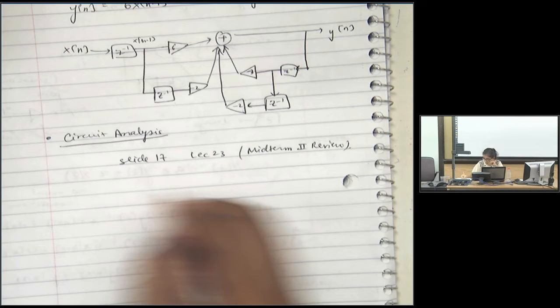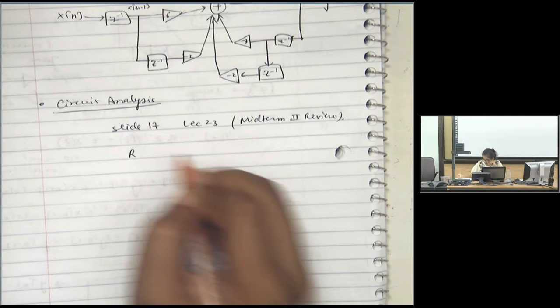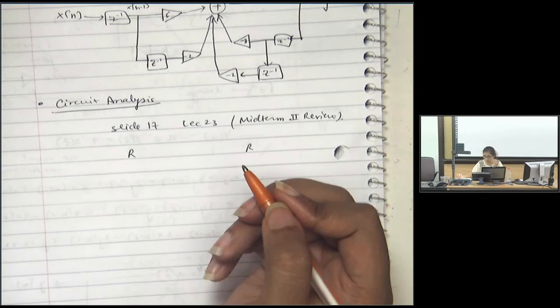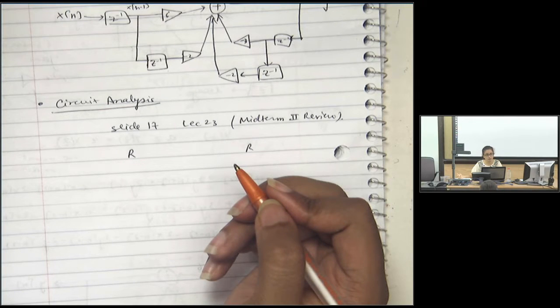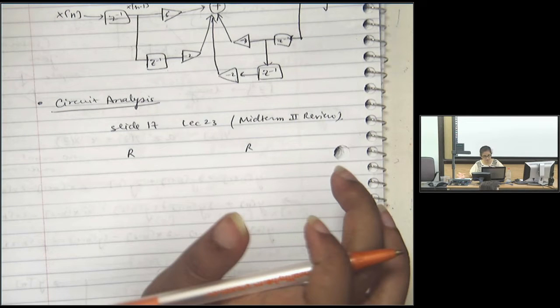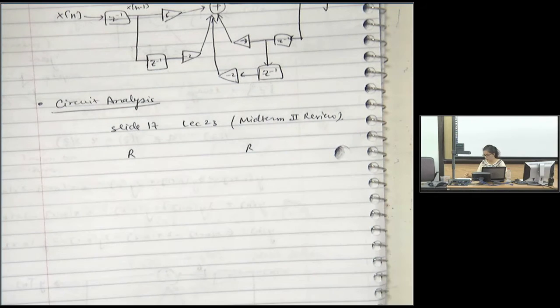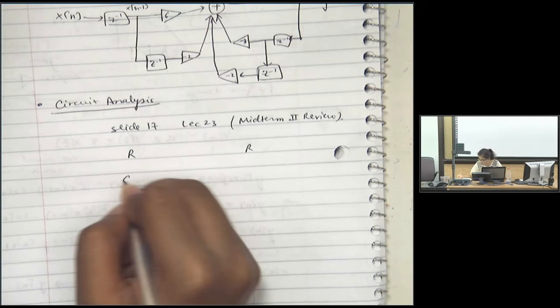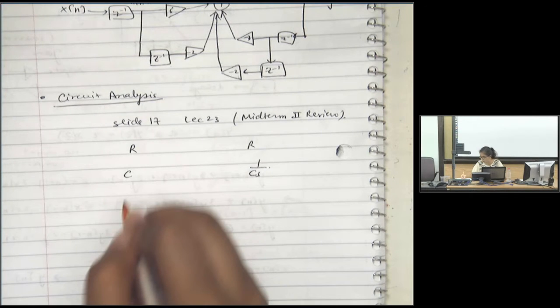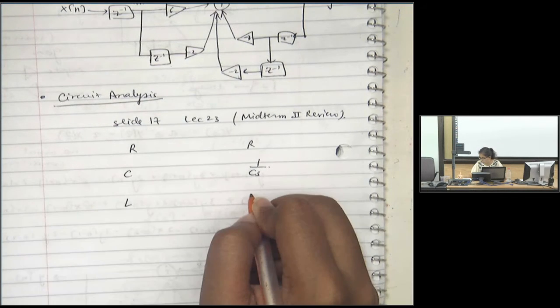So just to summarize it, your R remains R, and whenever you go for circuit analysis, first of all, transform everything to the S domain. That's the whole point of studying it here. Okay? Don't start off in the time domain. So your resistor remains a resistor, your capacitor becomes 1 over CS impedance, L becomes SL, I believe.